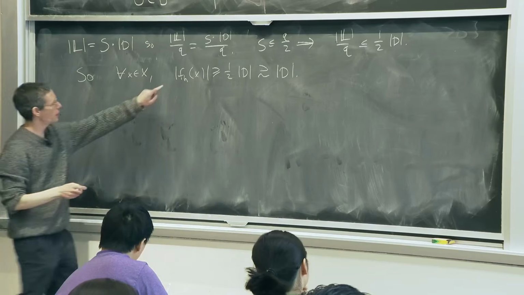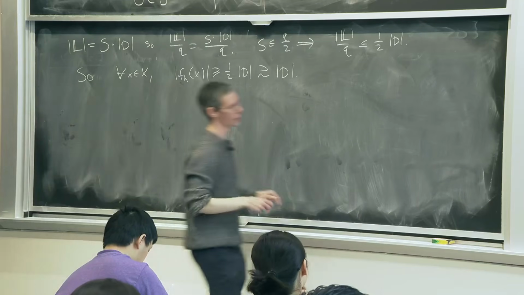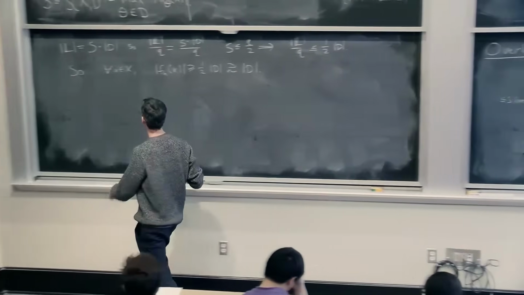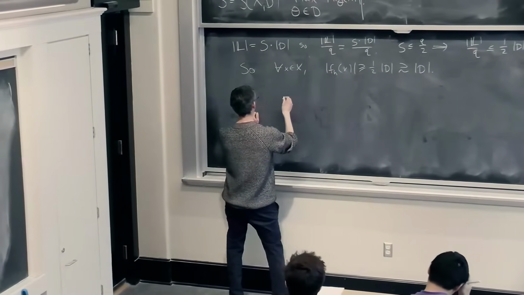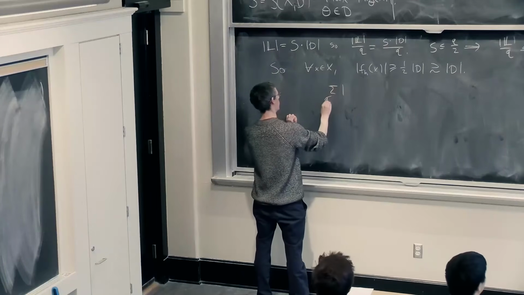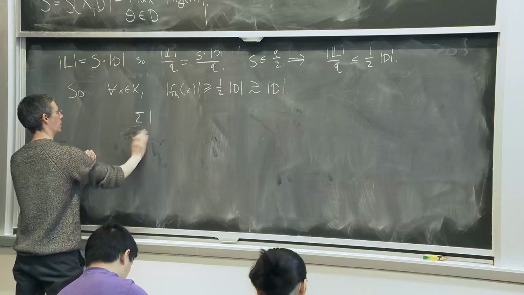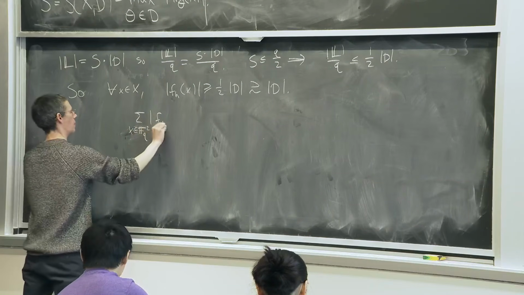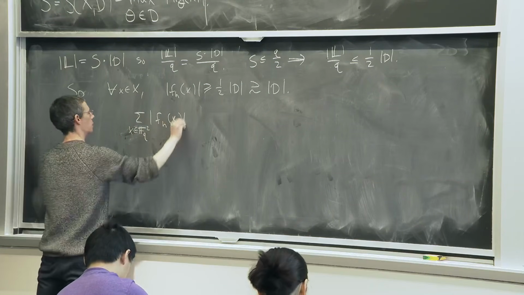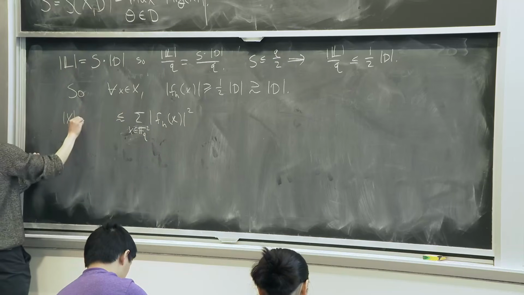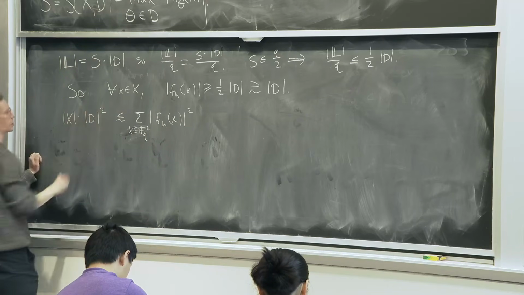OK. And now we can compare this with our L2 bound there. We can say that the sum over all the points of fh of x squared should be at least as big as the number of points in X times the number of directions squared.